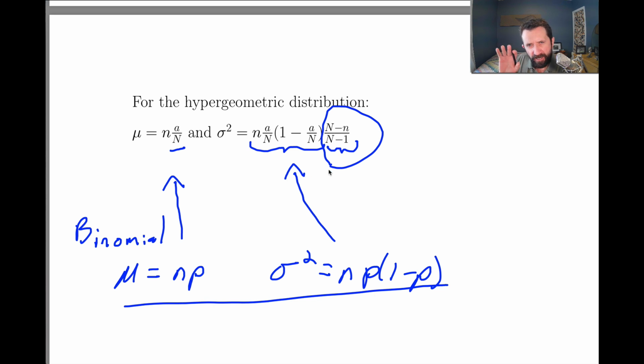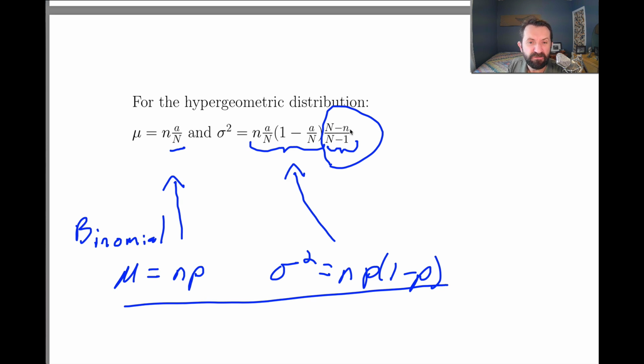We're getting a higher probability of those middling values and a lower probability in the extremes, leading to this lower variance. But we might notice, wait a minute. If we were drawing from a source with 10,000 objects, and we were only picking 3 from there, well, this quantity at the end is going to be pretty close to 1, right?